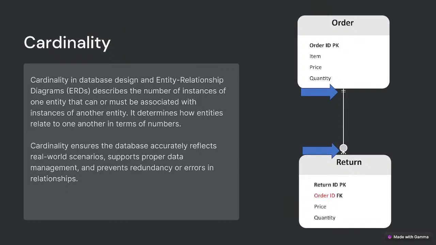This simply means, if I return the iPhone now, can I return the same iPhone multiple times? Only once. So cardinality simply means the number of times this other entity can happen with this return entity. Let me break it down.